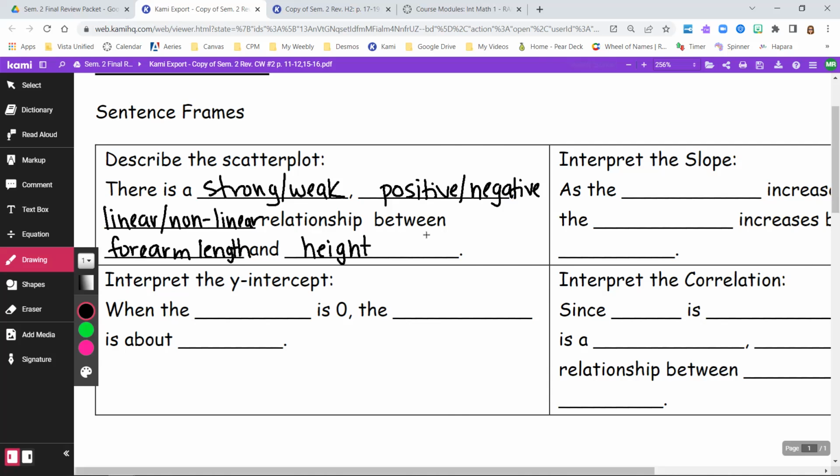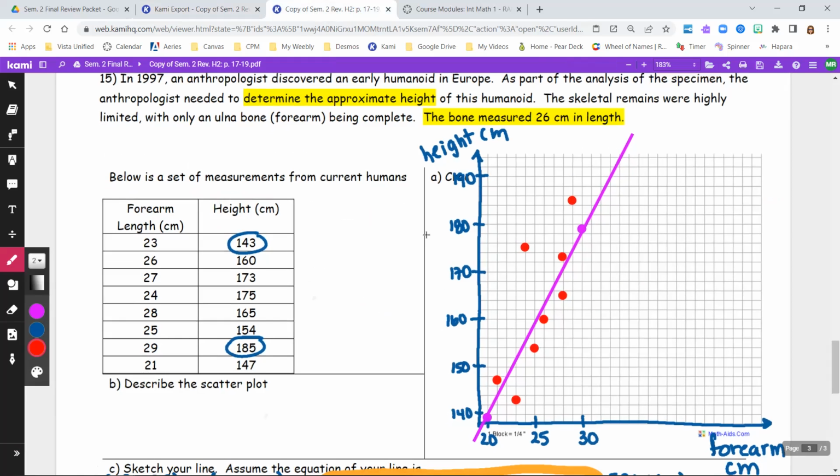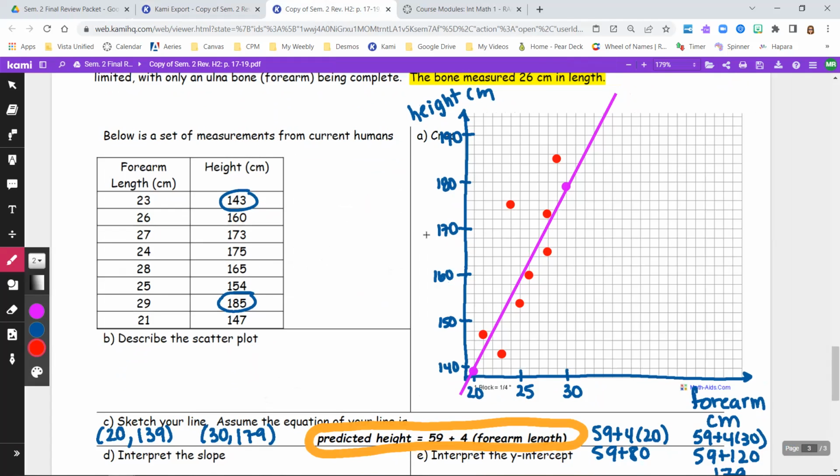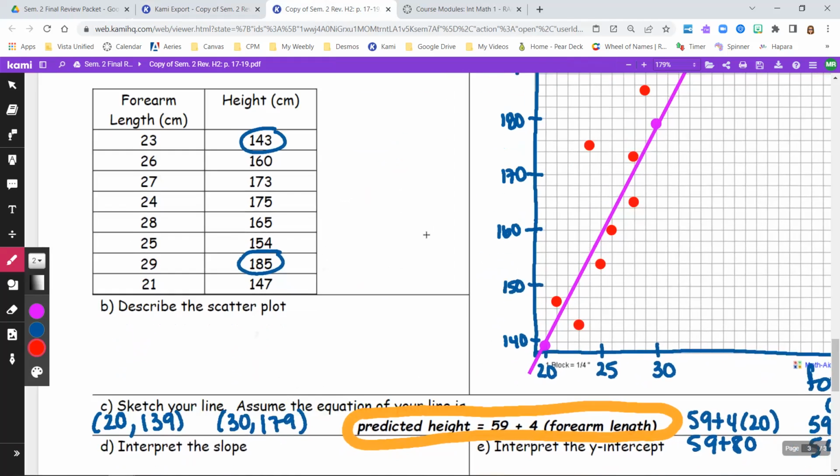So let me go back to our paper. Again, the x is our forearm length in centimeters, and the height is the height of the person in centimeters.